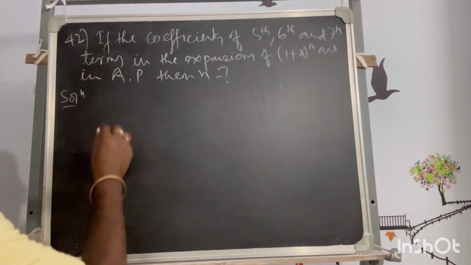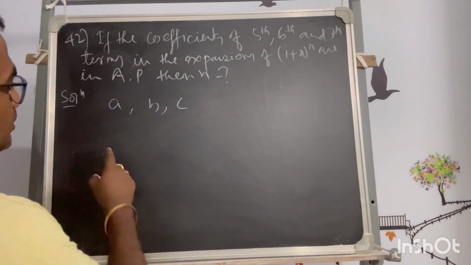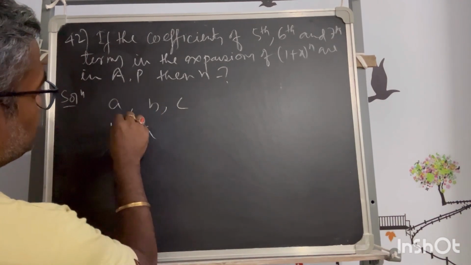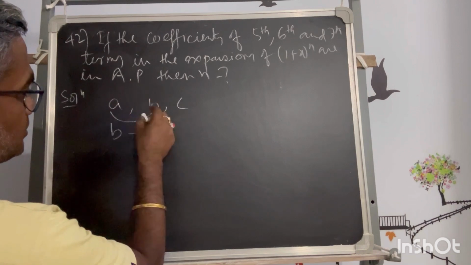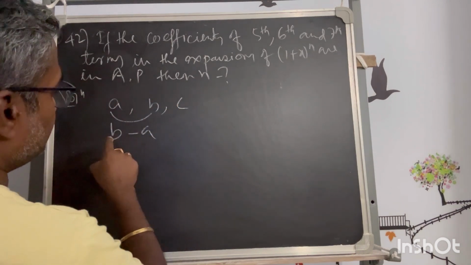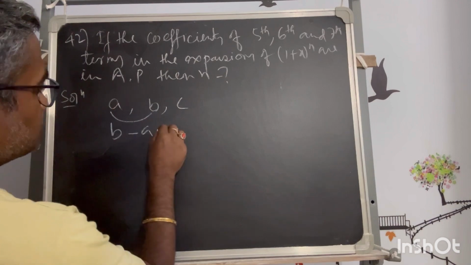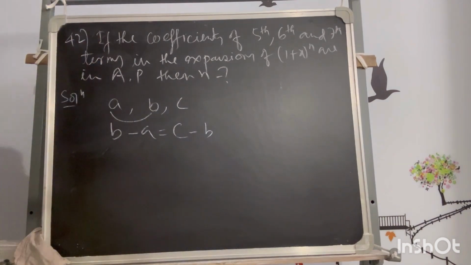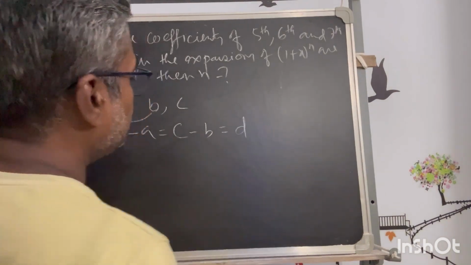So if I say there are three terms A, B, C in a series, as per the definition, B minus A is equal to C minus B, and this is a constant value for all consecutive terms.